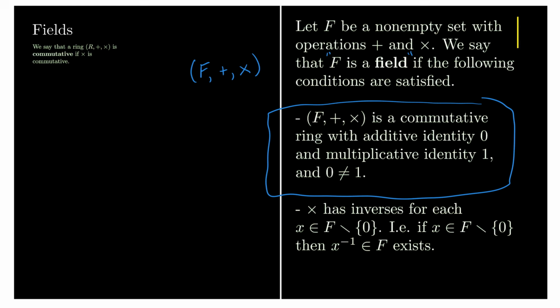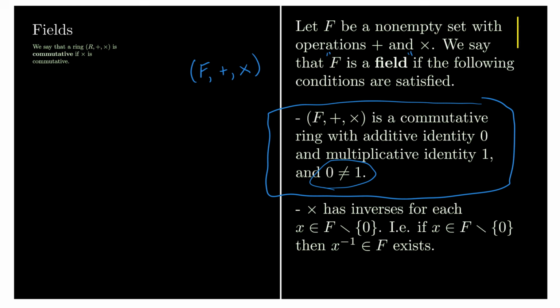additive identity 0 and multiplicative identity 1, where 0 is not equal to 1, which seems like a funny thing to have to say, but if you go back and check the definition of a ring, nothing in what we said about a ring forbids a ring to have only a single element. In fact, I think I made this one of the exercises at the end of this video, so you'll see more about this idea later.